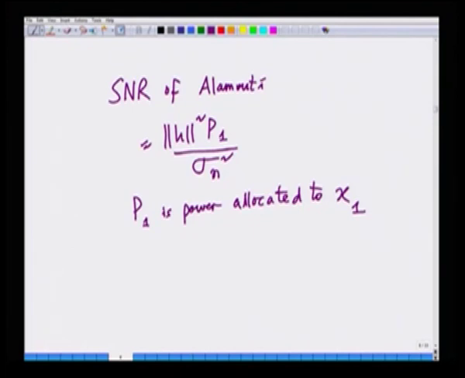Now, remember the total transmit power is P, which is fixed.